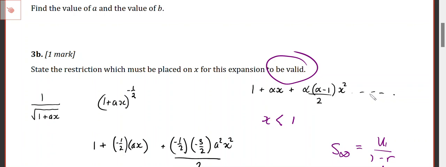What's the ratio? X. Because these will just be constant values, right? X is what changes the behavior of it. So X is the ratio for this.